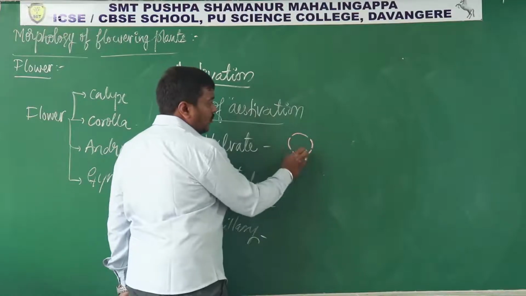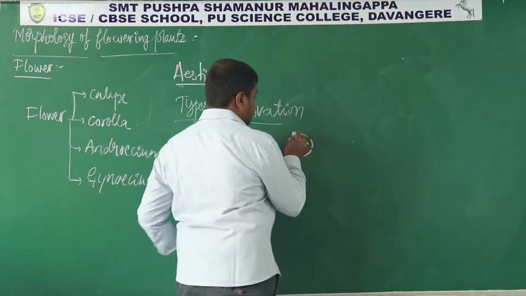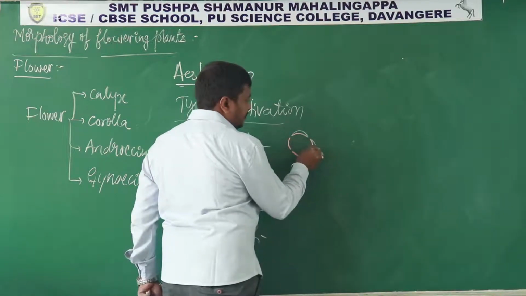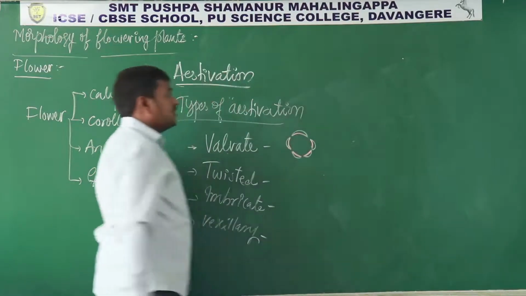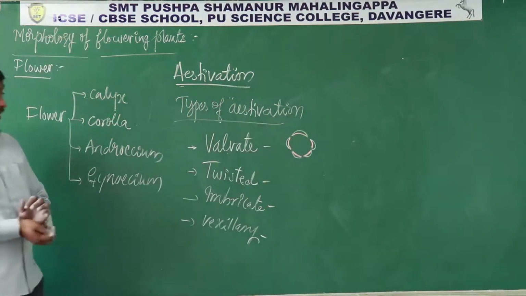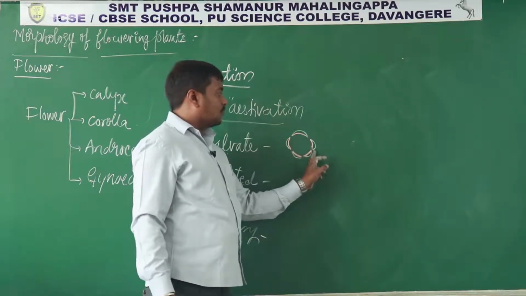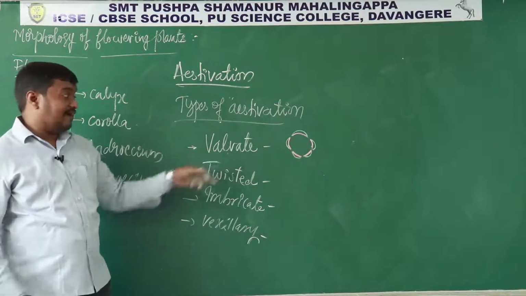So this is one petal, this is another petal, and so on. They are arranged side by side, without overlap. Such type of estivation is called valvate estivation.